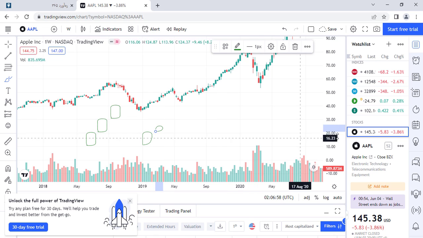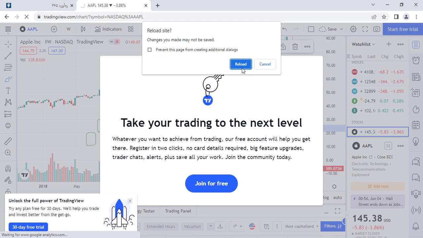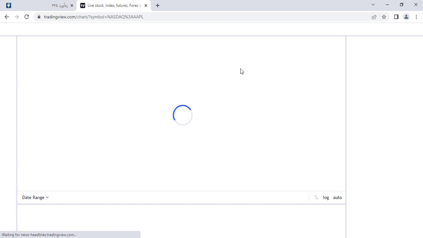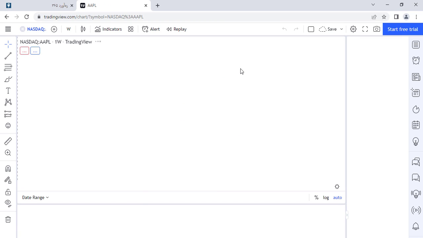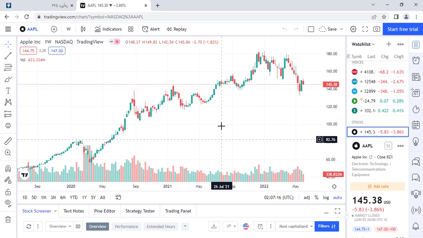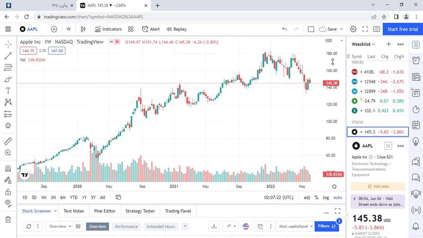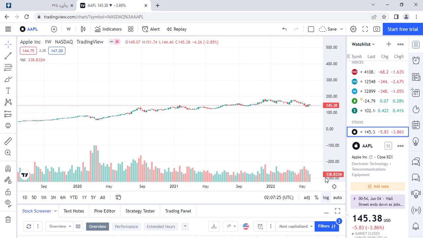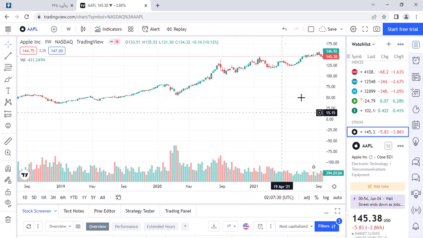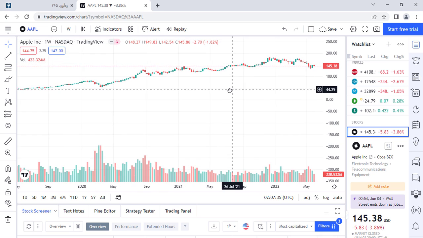Like this, the candle becomes like this. Where are my drawings? Okay, no problem.